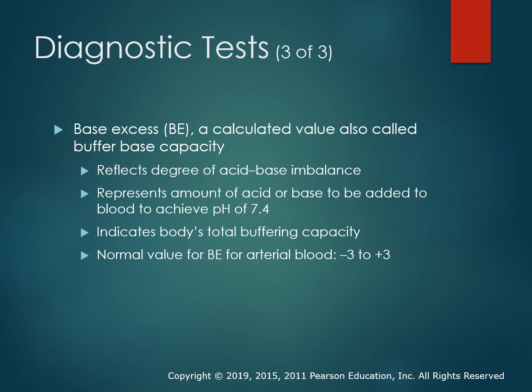As dissolved oxygen diffuses out of the plasma into the tissues, more is released from the hemoglobin. The normal value for PaO2 is 75 to 100. So this is your actual measurement of oxygen in the plasma, and it's 75 to 100. The PaO2 less than 80 indicates hypoxemia.